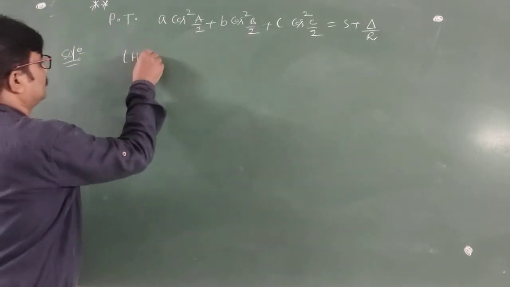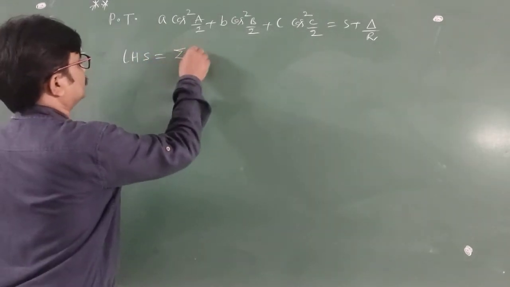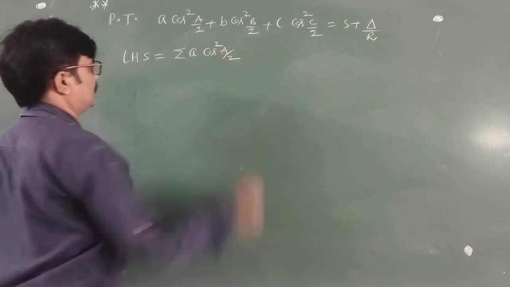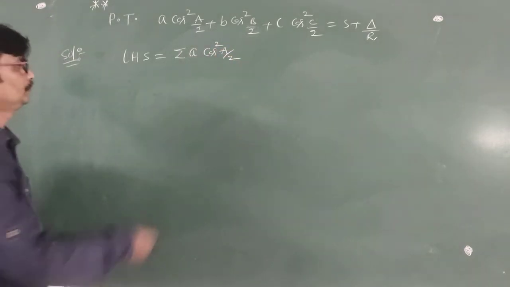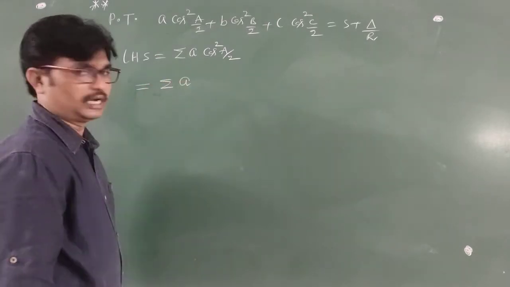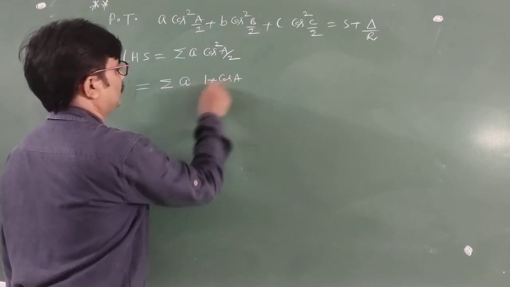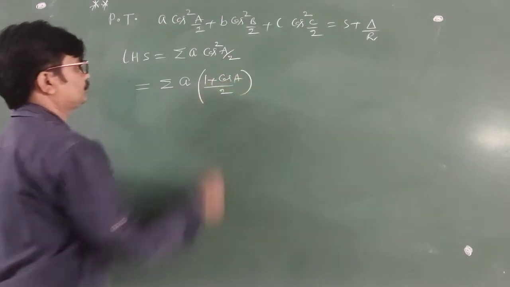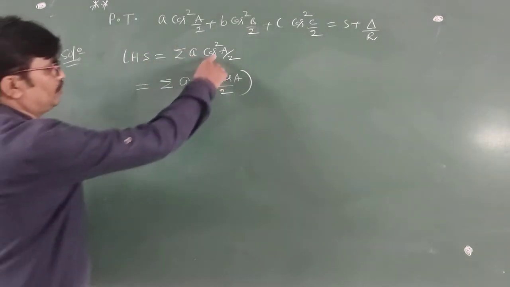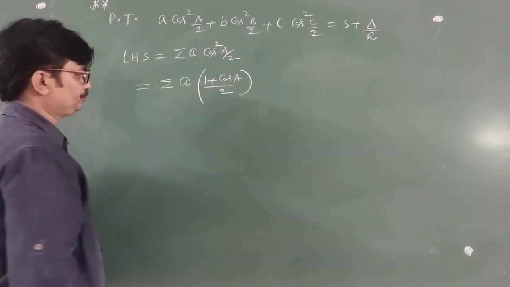So students, the left hand side is sigma a cos² (A/2). This sigma a cos² (A/2) can be written using cos² (A/2) = (1 + cos A)/2.